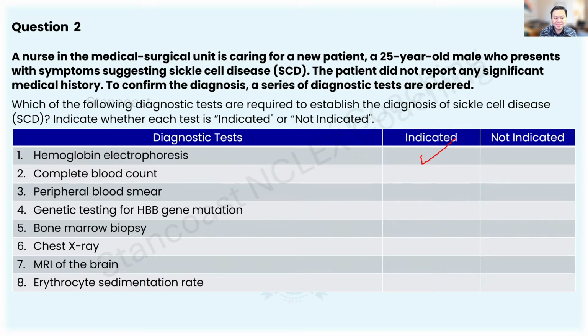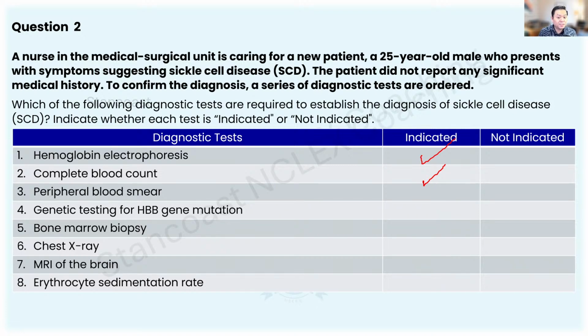Yeah, it's expected. What about complete blood count? It is a very common diagnostic test that can identify low hemoglobin, low hematocrit, low red blood cell. And so this can help in detecting sickle cell disease as well. It will be one of the answers. What about number 3? Peripheral blood smear.